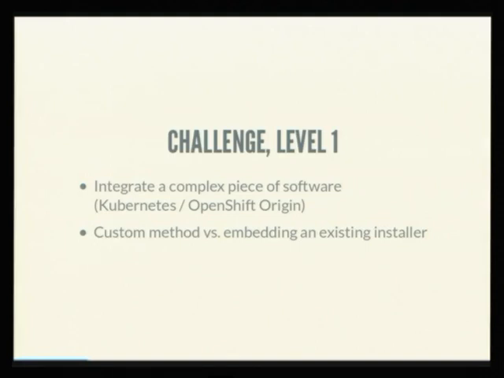One option was to just use our classic TripleO deployment mechanisms and write plugins for Kubernetes and OpenShift Origin. The other option was to take an existing installer, like Kubespray for Kubernetes or OpenShift Ansible for OpenShift Origin, and figure out how to make those fairly complex installers work together well.